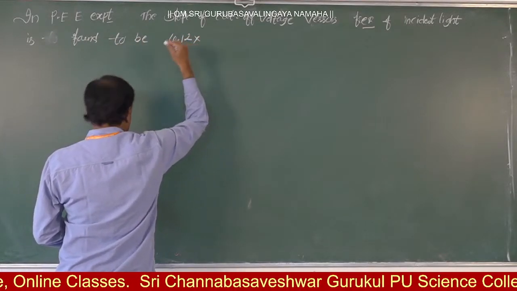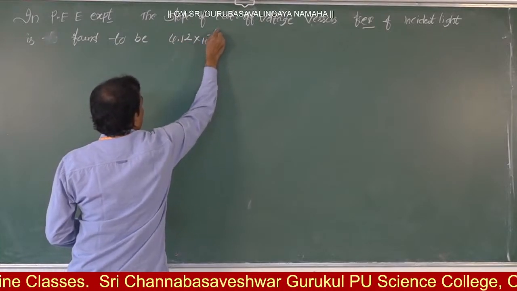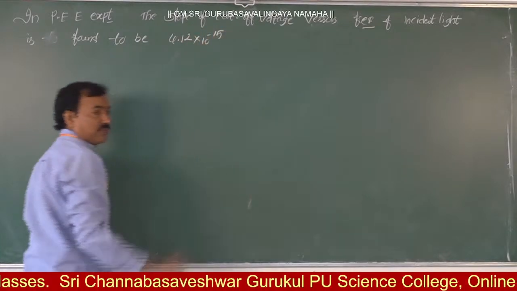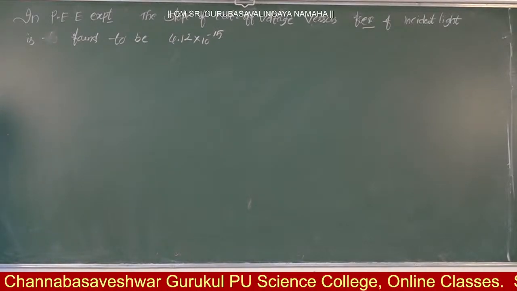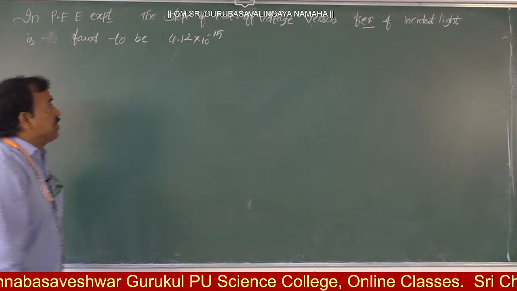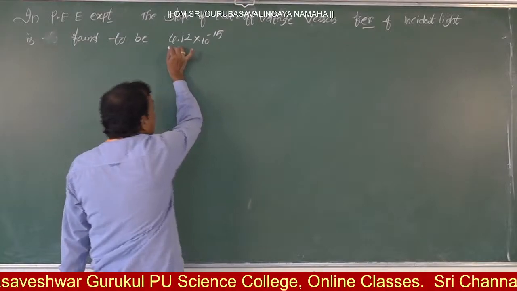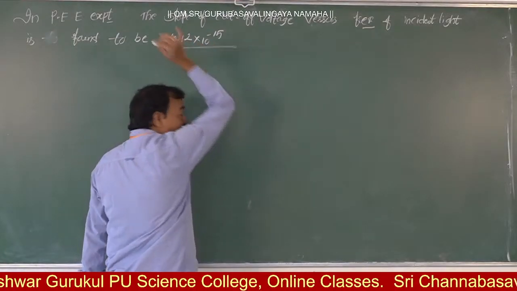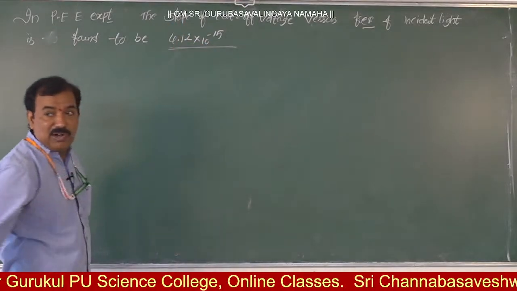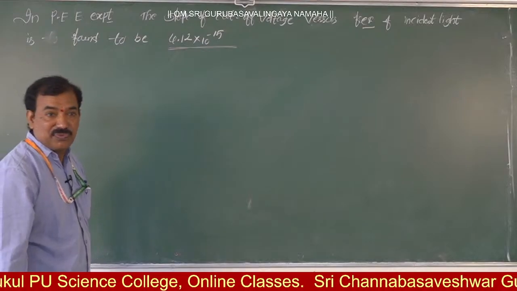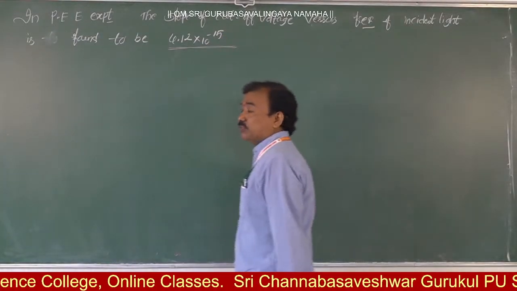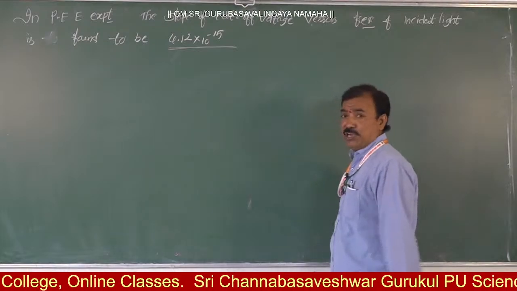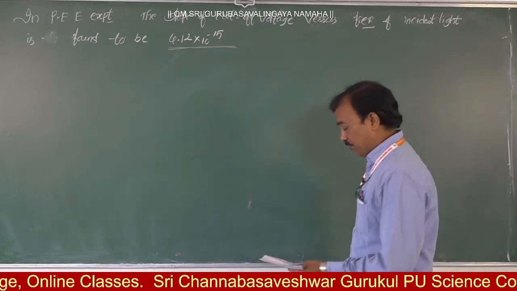4.12 into 10 to the power of minus 15. Just imagine whatever this unit is. After my question, please think about this unit. 4.12 into 10 to the power minus 15.